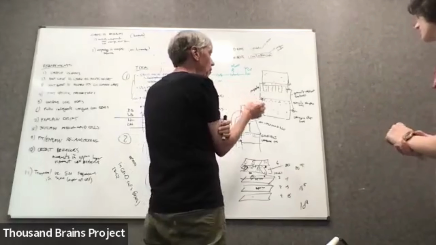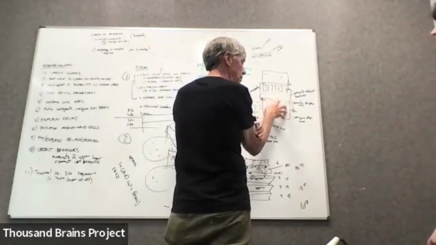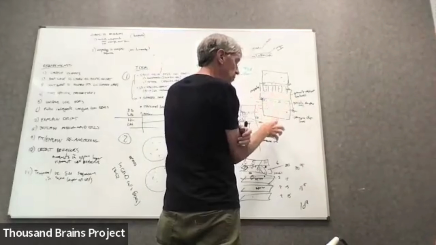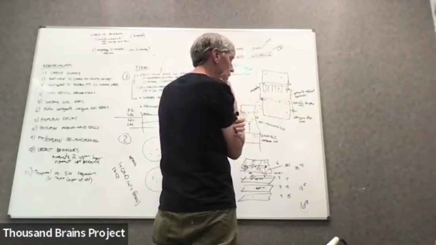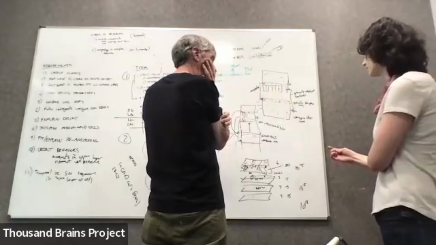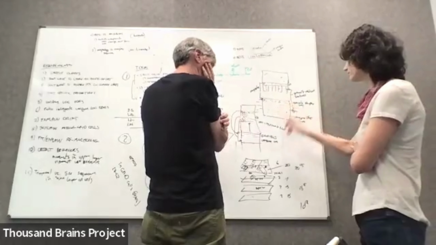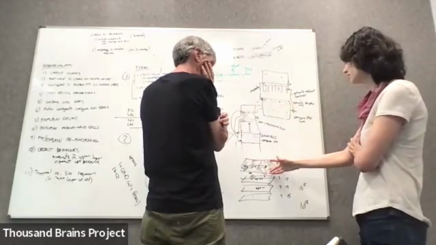I was thinking that if I have a unique pattern here, I have to come back to that unique pattern after I move around and come back in space. How would I do that if I just picked a random set here? The first time it will be a random set, but it will be associated with the state that the grid cell module is in.